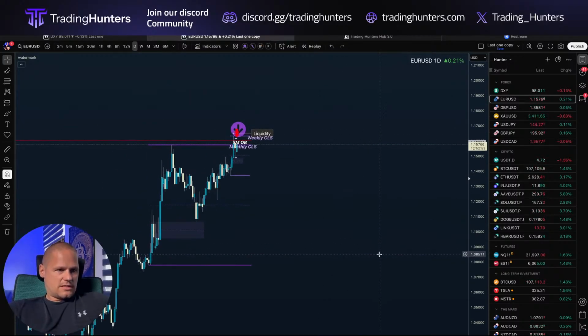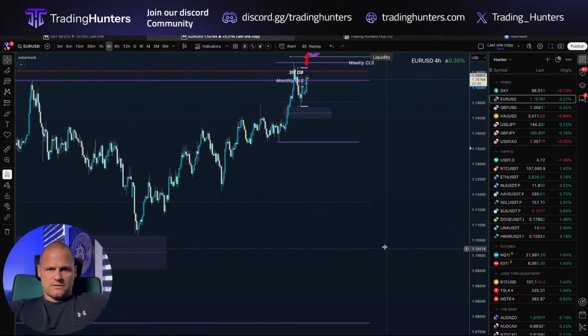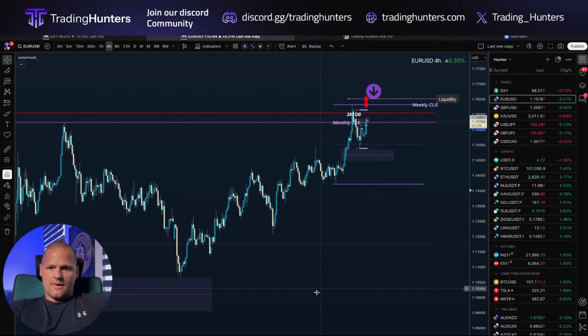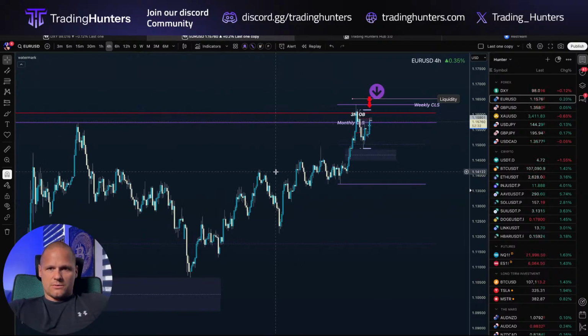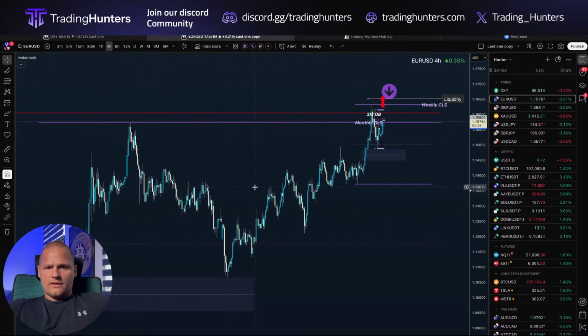In these up moves, the CLS approach wasn't giving many setups. So I was thinking, what to do now? Should I right now turn bullish? I think that's a big mistake to turn bullish up here.